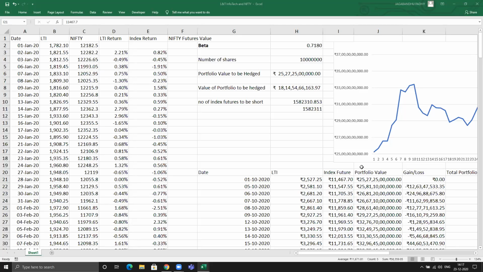It may or may not. It depends on the weightage of L&T Infotech. If it is a higher proportion in the index, then it might be representative. And if not, there might be some.